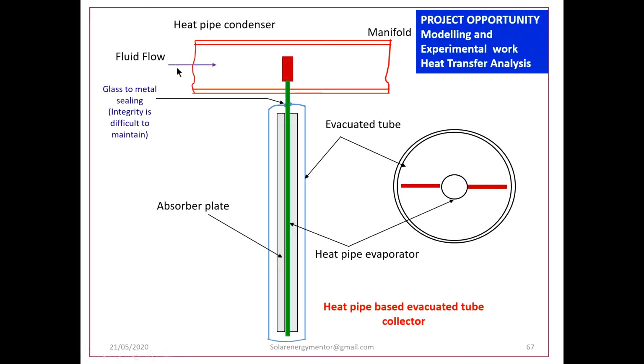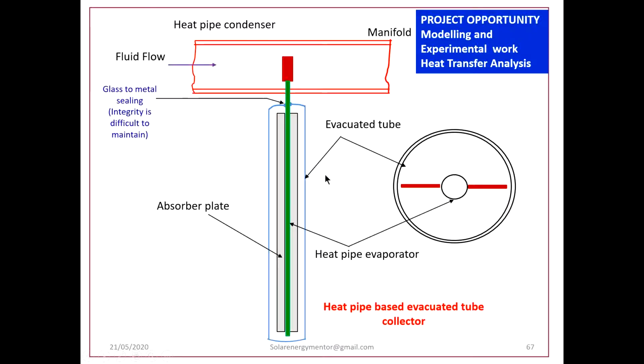So fluid flows across the metal tip and receives the heat from the metal tip, and then the fluid here is condensed and goes back, and the cycle continues. The fluid goes on receiving heat. So this is a heat pipe based evacuated tube collector.